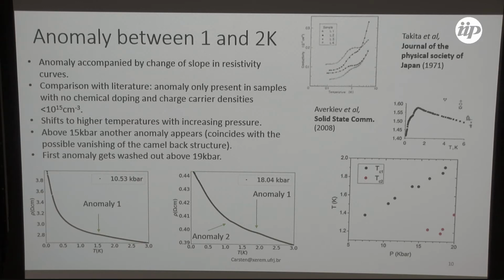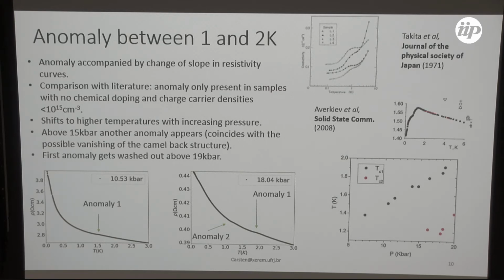We looked through the literature and found that in all samples with really high quality, with very few vacancies, you see something like this, and it has also been studied a little bit in this paper, but the explanation is inconsistent. Anyway, this anomaly shifts to higher temperature when we apply pressure, and at about 20 kilobar it just vanishes. At the same time, a second anomaly appears at about 16 kilobar, that also shifts up with temperature.